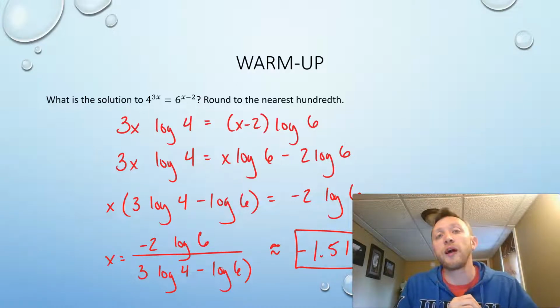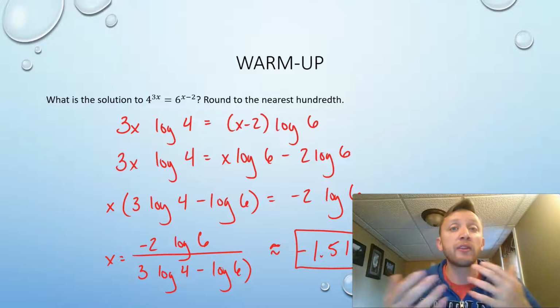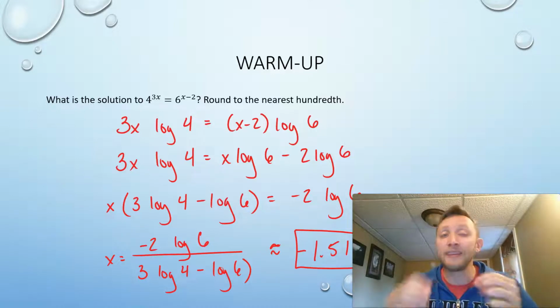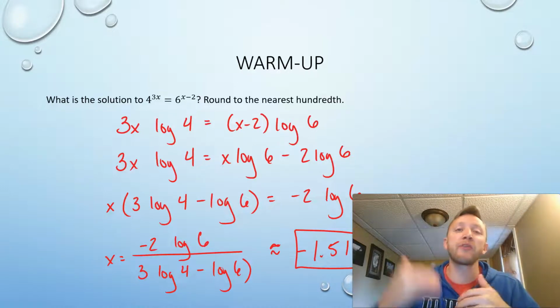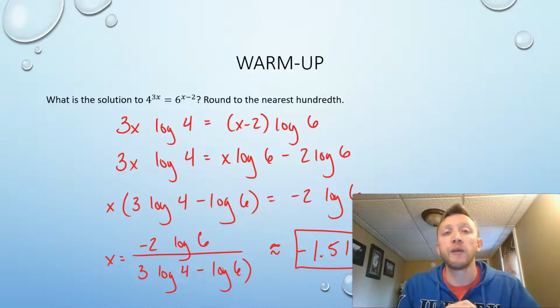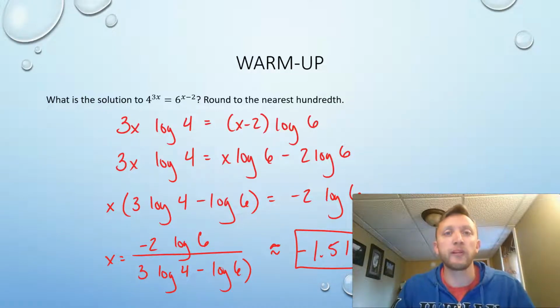Then take 3 log of 4 minus log of 6, again writing down 3 or 4 numbers past the decimal, so we can divide those. Then we round our answer to the nearest hundredth. If it says round to the nearest hundredth, that doesn't mean round as you're working through the problem. It means round your final answer to the nearest hundredth. So we get approximately negative 1.51. Hopefully you got that.